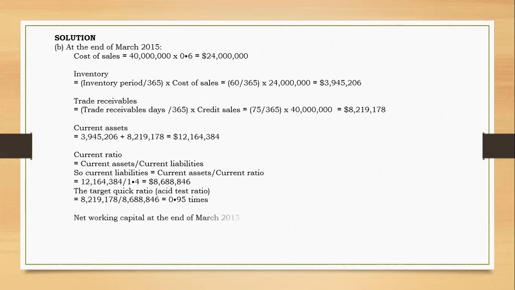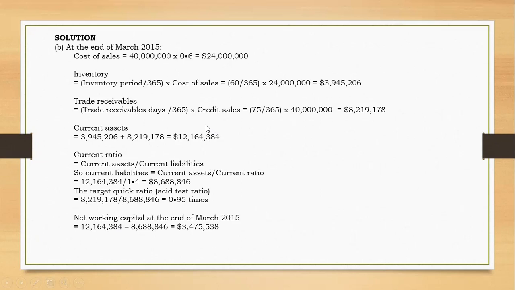All right, as for the net working capital ratio at the end of March 2015, we just take the sales over our net working capital, but we do not have net working capital yet. How do you obtain the net working capital? Net working capital equals current assets minus current liabilities. What are the current assets? This one, 12,164,384.